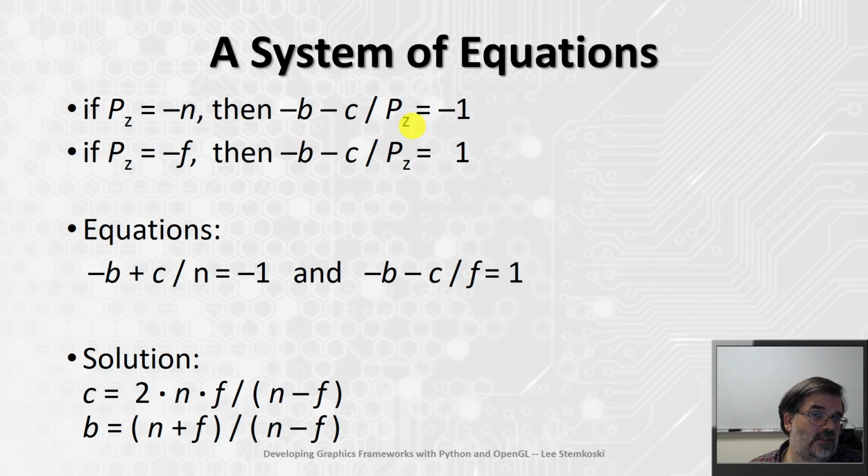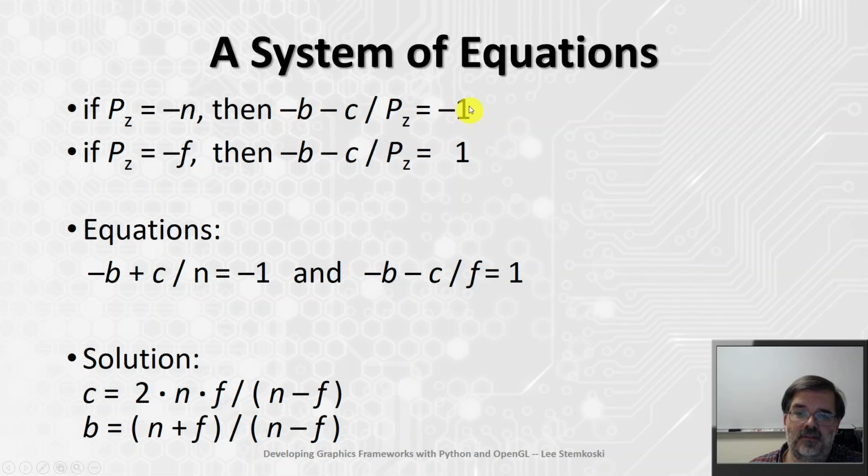This is backwards from the coordinate system we've been used to, right? So it turns out near values in our coordinate system should correspond to -1, which is a less or smaller value when OpenGL does its depth test.